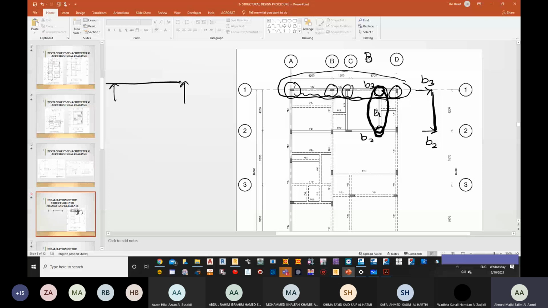So I need to understand the concept of one-way and two-way slabs. Now, when I say one-way slab, what does it mean? A one-way slab bends in how many directions?